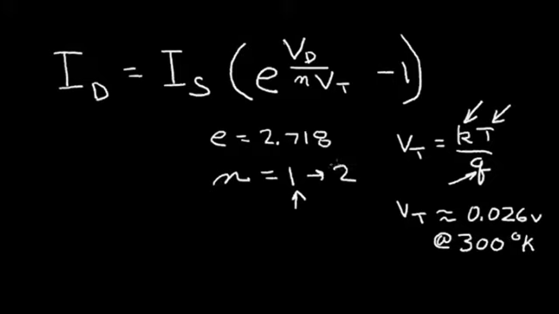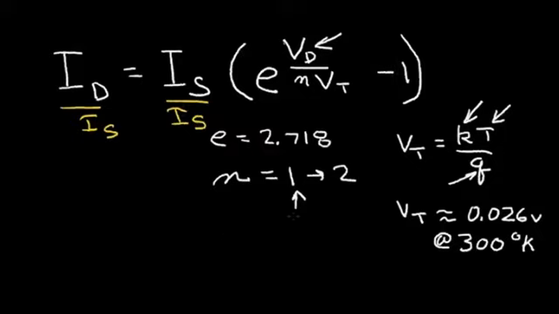Now sometimes it's useful to have this equation solved for the diode voltage V sub D. So let's solve for V sub D. We can take this equation and divide both sides by I sub S, and when we do that, this will become 1.